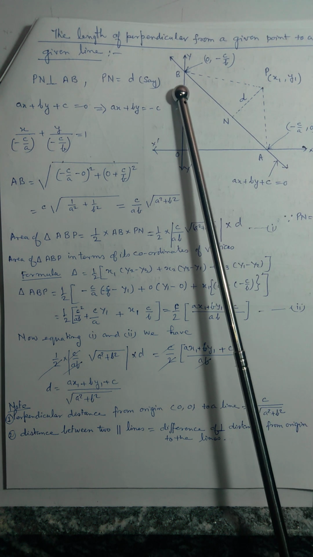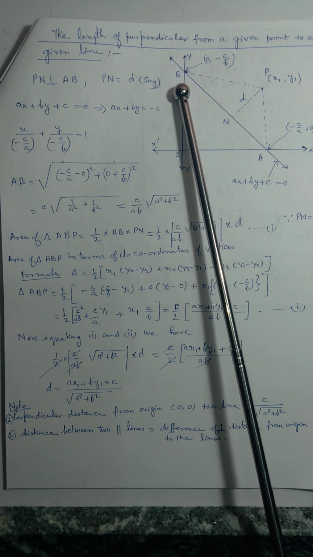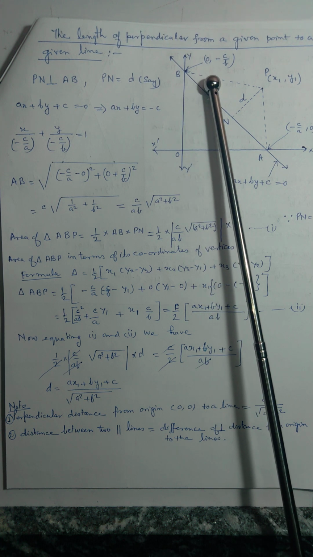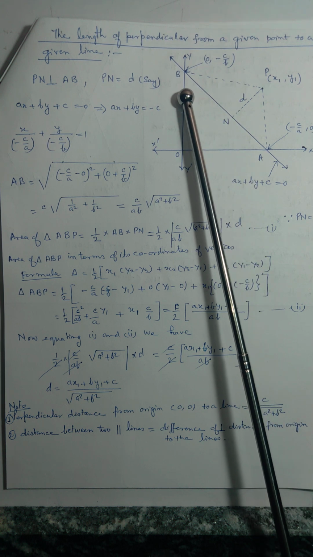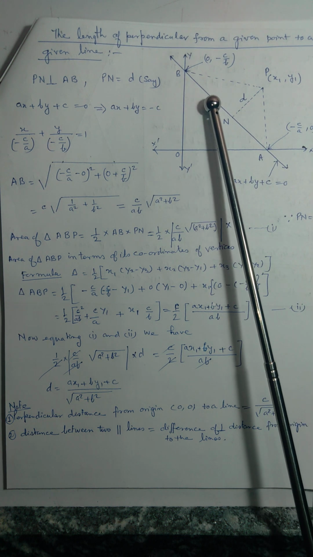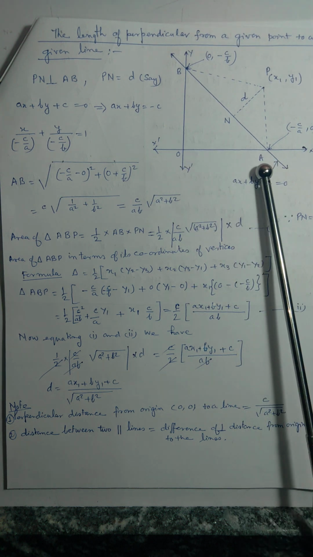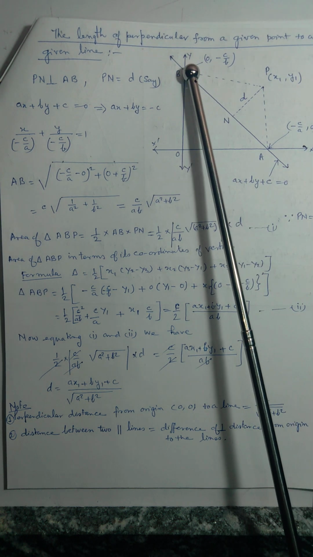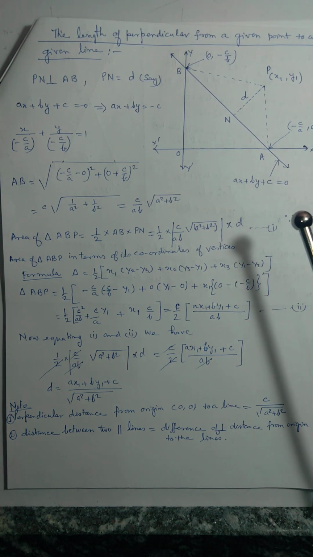And when you put x equal to 0, you can find the coordinate of the point B, that is 0 comma minus c by b. So you have got the coordinates of point A and point B, which intersect the x-axis at A and the y-axis at B.